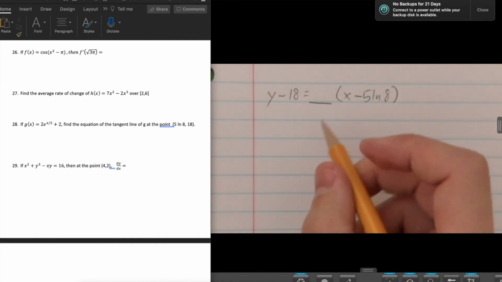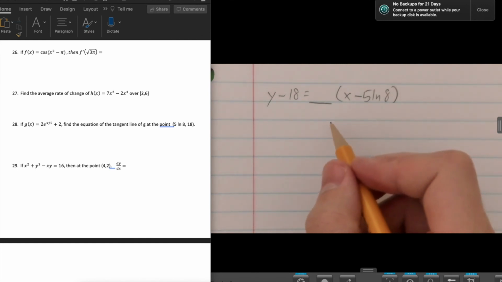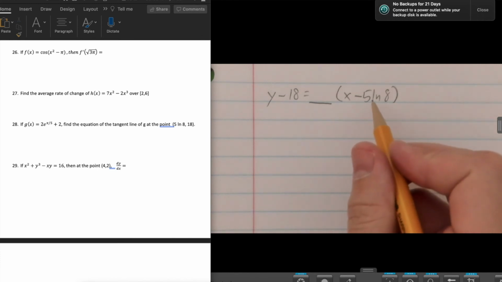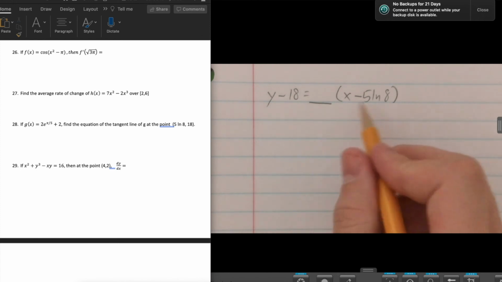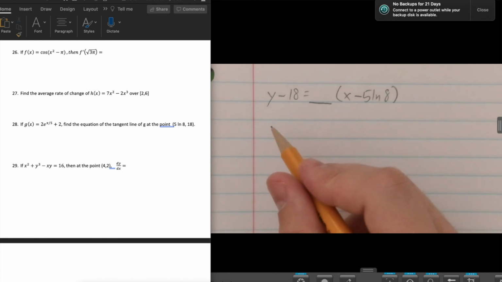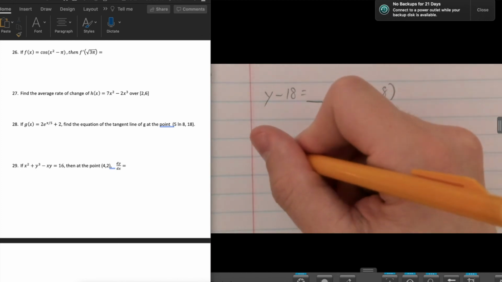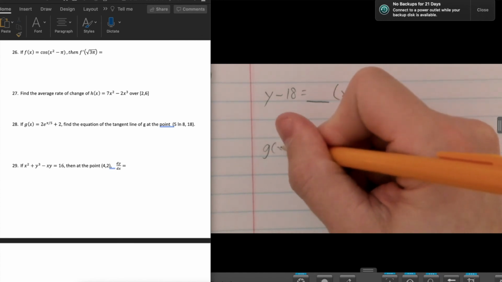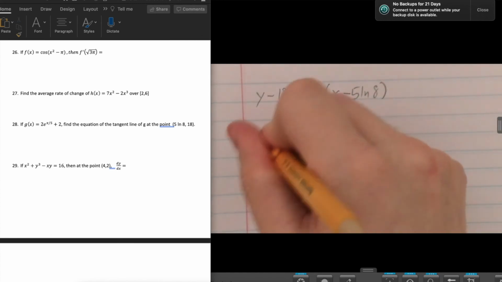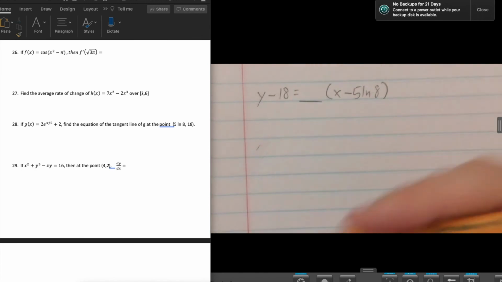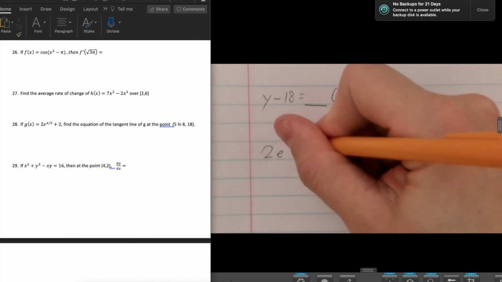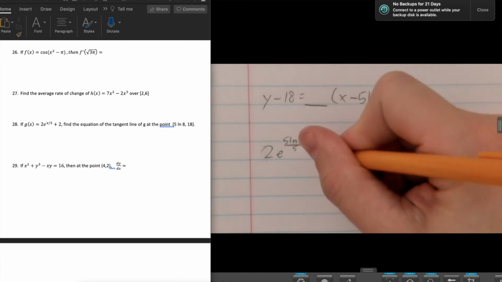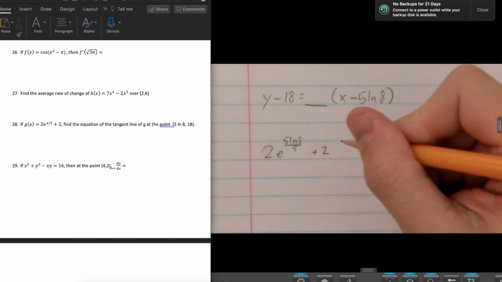And maybe before we do that, because this will show up again, let's say, what if they didn't give us the y value here? What if we had to figure out that when you plug 5 ln of 8 into this crazy function, you get 18? Let's review that, because it's going to show up in our derivative too. So how on earth did they end up getting 18? Well, they had 2 times e to the 5 ln 8 divided by 5, plus 2.